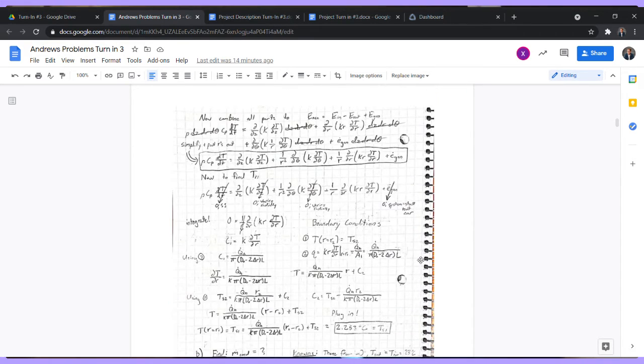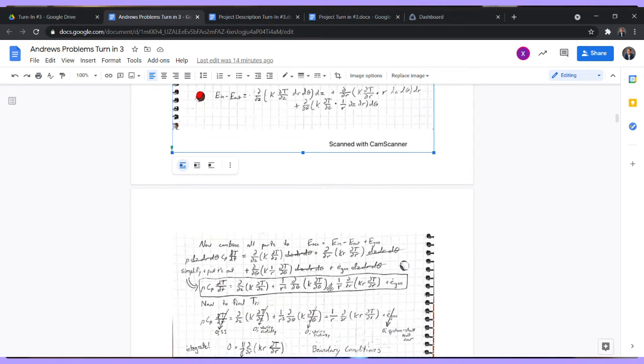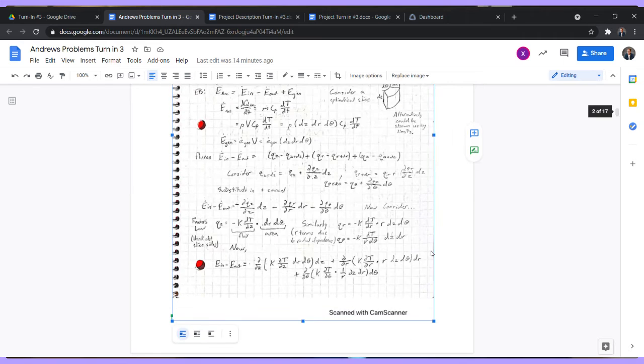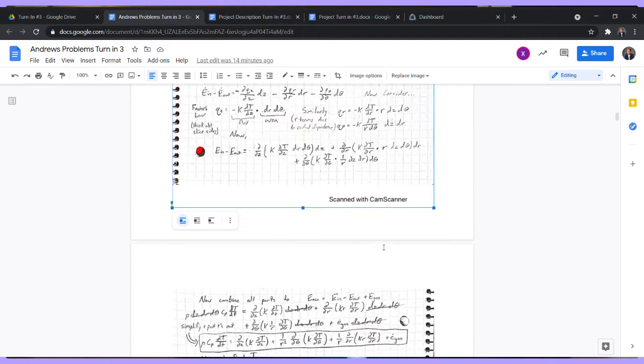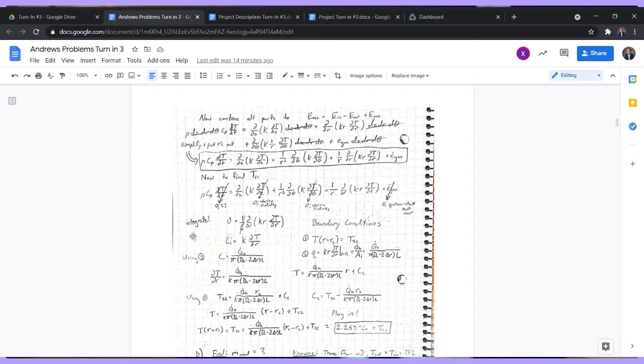Next, once this equation was completely solved for, the volumetric slice canceled out on almost every term. This then led us to finding the internal surface temperature.